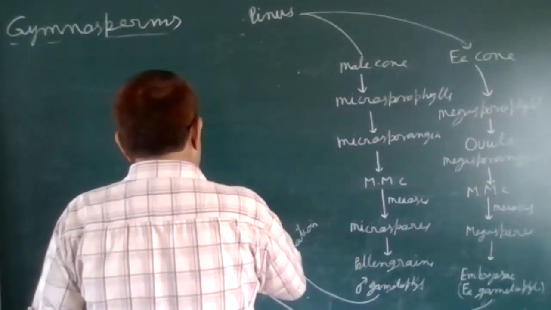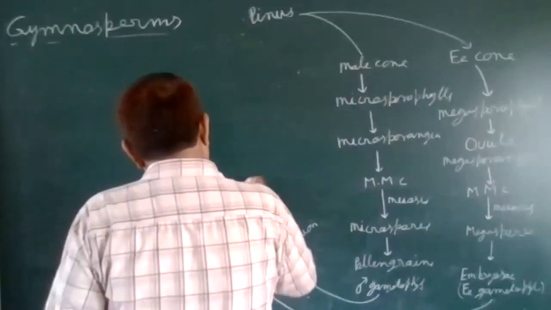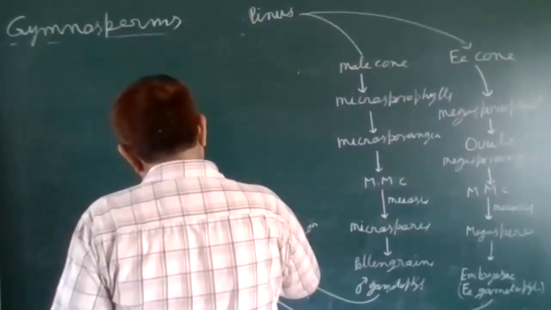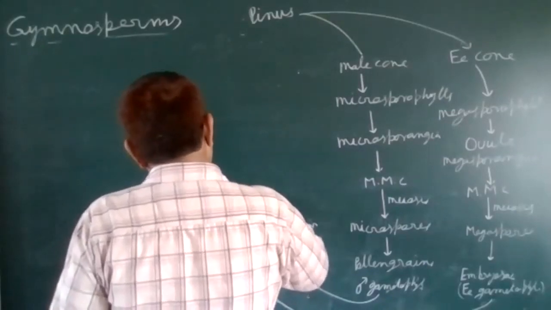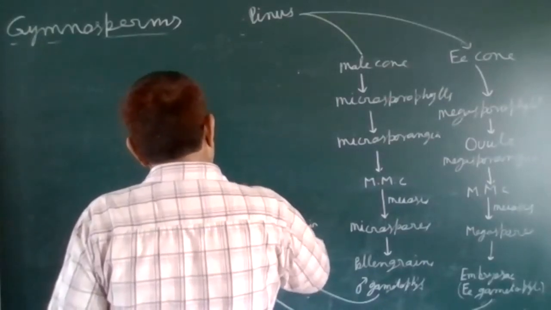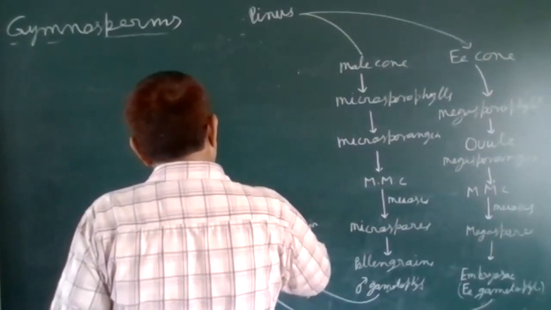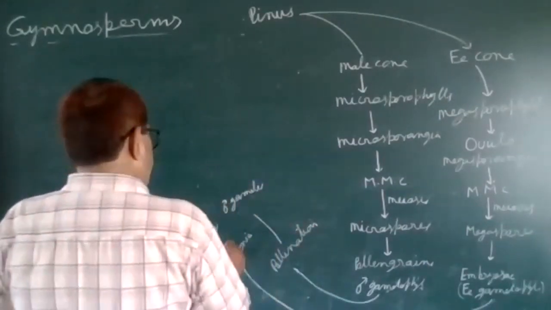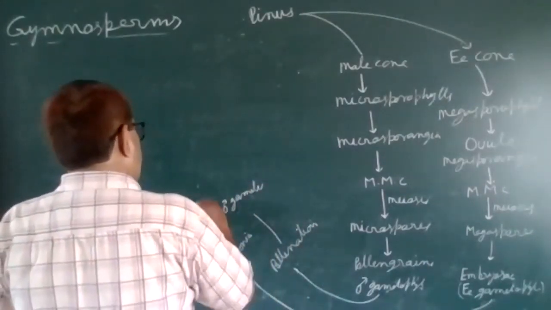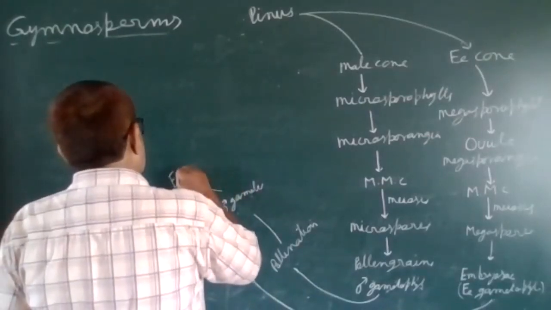After pollination they reach the archegonia, which have eggs, and they have the male gametes, and they bring about the process of fertilization.